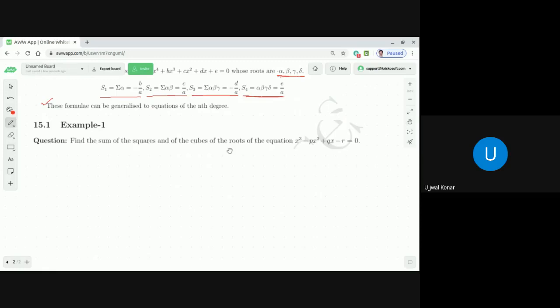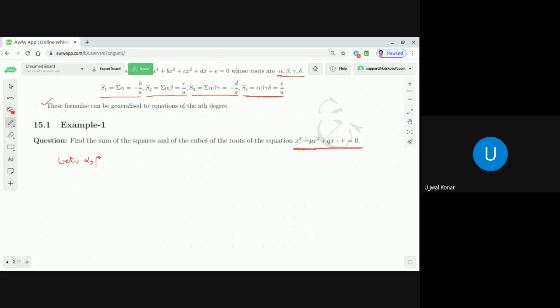What is the equation here, dear students? x cube minus px square plus qx minus r equal to 0. And what is the question? Find the sum of the squares and the sum of the cubes of the roots of the equation. So let alpha, beta, gamma be the roots of the equation.